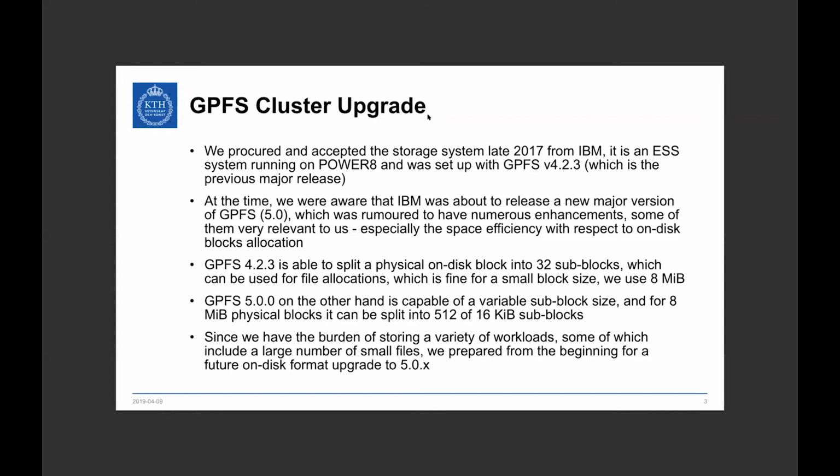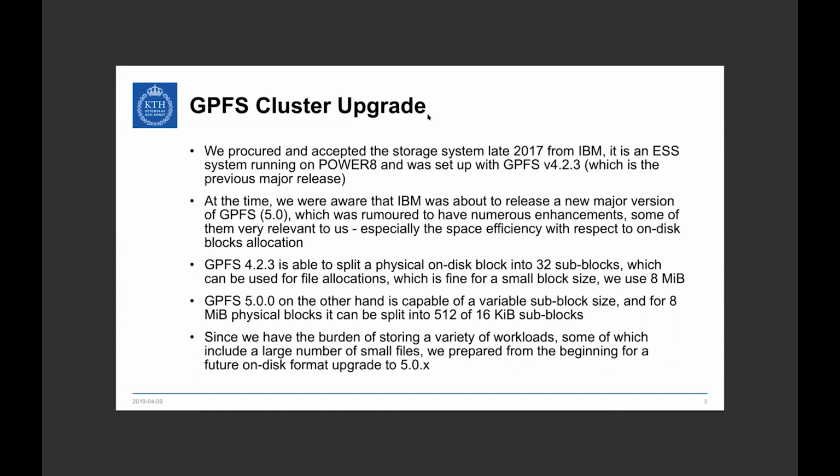The most important of those is the enhancement in space efficiency with respect to disk block allocations and splitting physical disk blocks into logical subblocks and allocating files on those. The older version of GPFS was able to split the physical disk block into 32 fixed size subblocks, to each of which one can allocate the file.